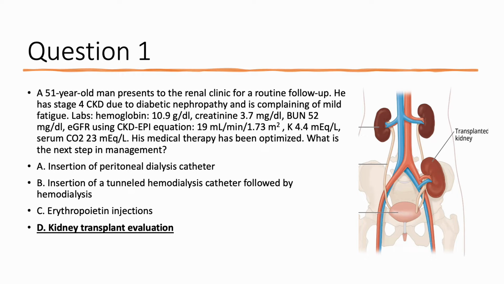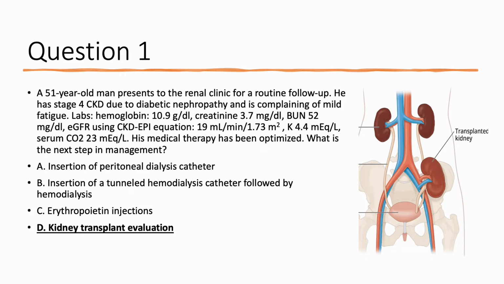Initiation of dialysis, whether via peritoneal dialysis catheter or a tunneled hemodialysis catheter, is also not a good answer because the patient does not need dialysis based on physical exam symptoms or laboratory values. So there's no indication to initiate hemodialysis. Now, what this patient needs is kidney transplant evaluation.